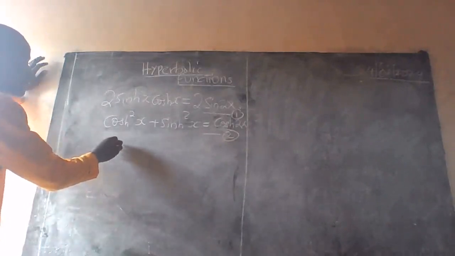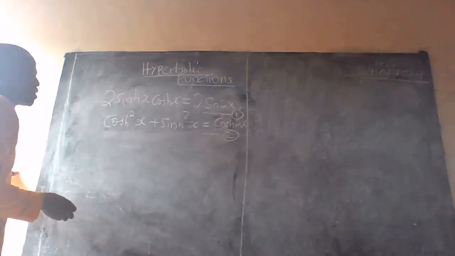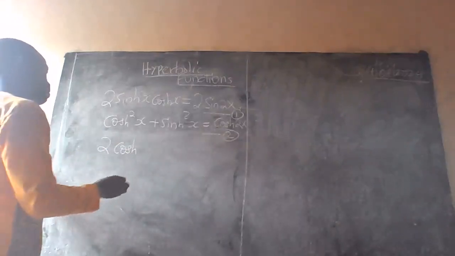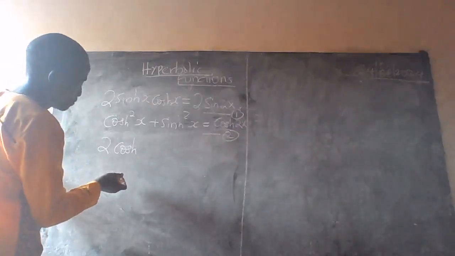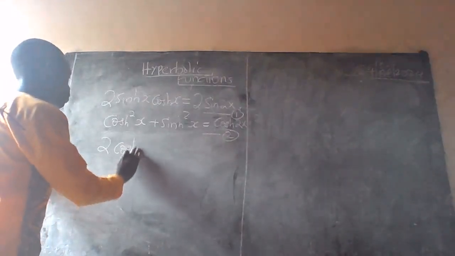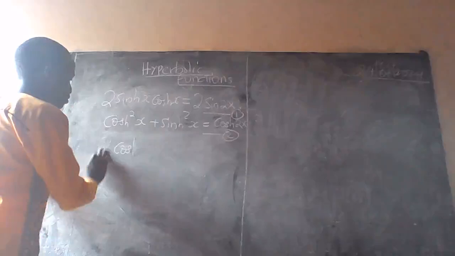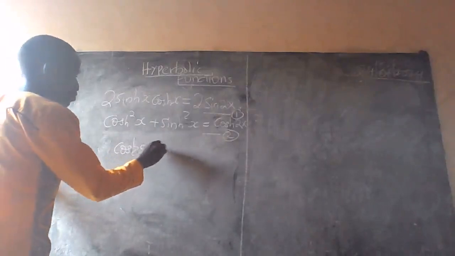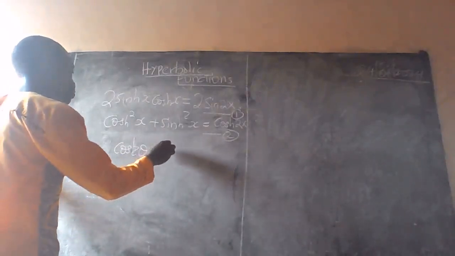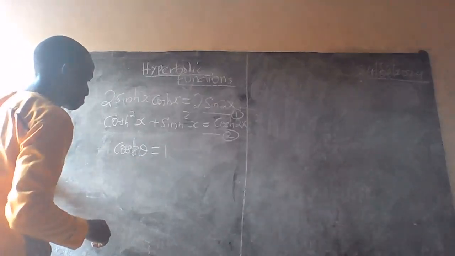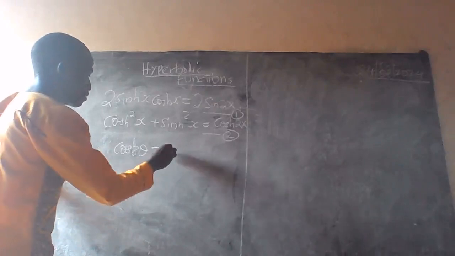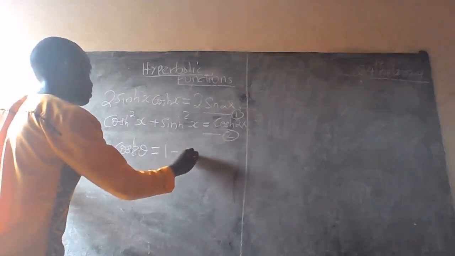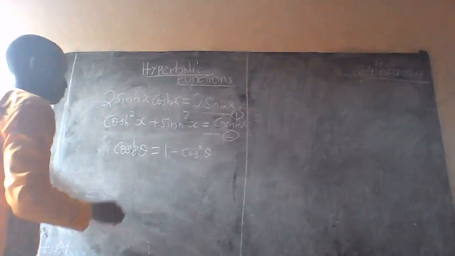We know from trigonometric identity that cos 2 theta is given by cos squared theta minus sine squared theta.